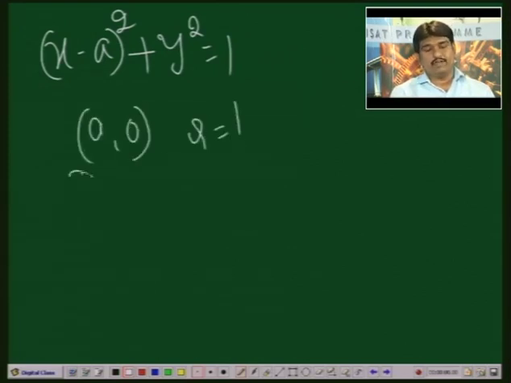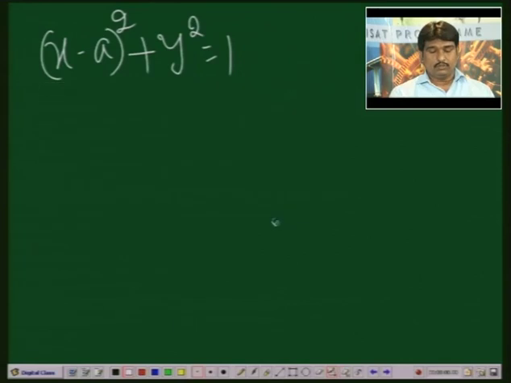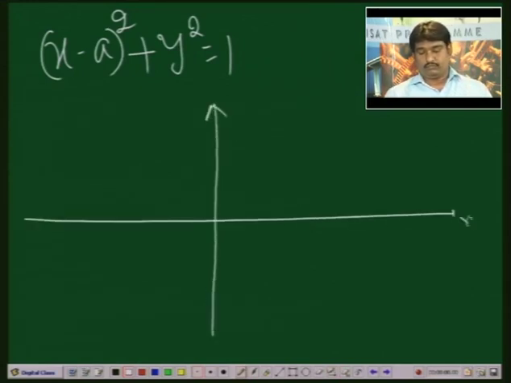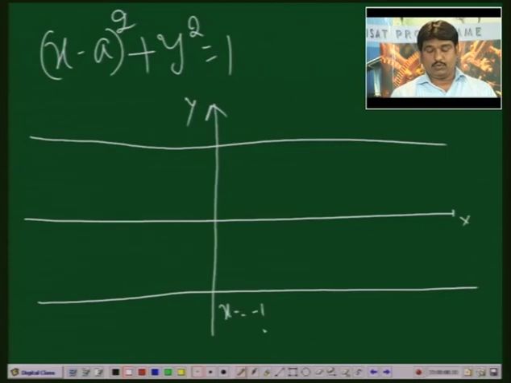It's a family of circles with centers on x-axis. It's like this. As radius is 1, I'll fix this also. This is x equals to minus 1 and this is x equals to plus 1.